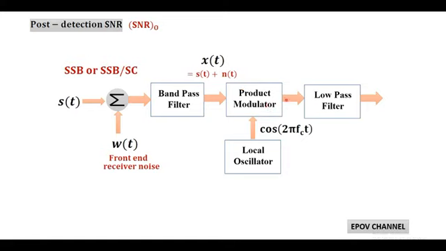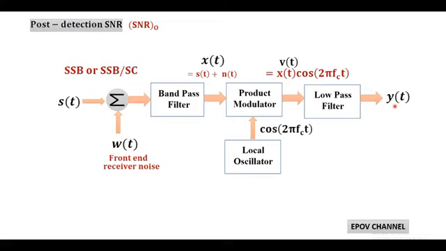Here the output of the product modulator v(t) is simply the product of input signal x(t) and the locally generated sinusoidal carrier cos 2πfct. And at last, the product modulator output is passed through the low pass filter and higher frequency components get cancelled, and we get output which corresponds to the low frequency message signal.